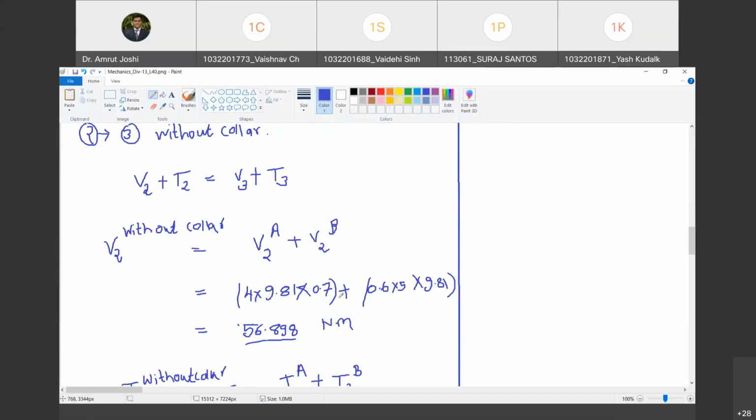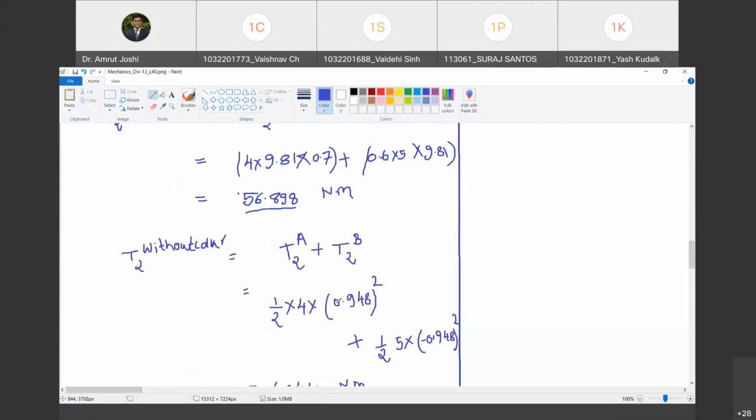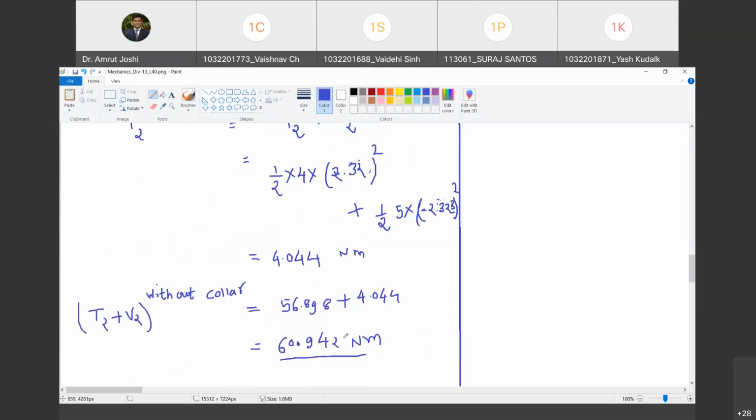So here we are going to have this replaced by 2.32, and this is minus 2.32. So how much is that? Now tell me. That is 0.5 multiplied by 4 multiplied by 2.32 bracket square plus 0.5 multiplied by 5 into 2.32 bracket square. So is it 24.22?